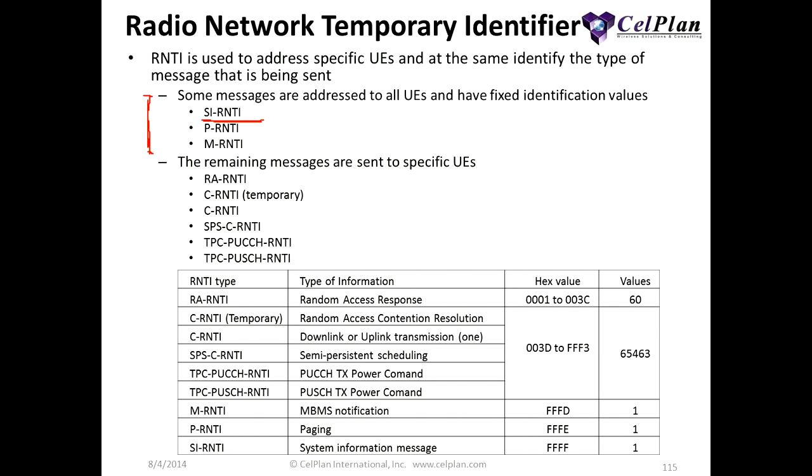And you will see that LTE doesn't use a formal address. It doesn't really write, "this message is for UE John." Instead, it takes the error detection code, CRC, and scrambles it with the identity.